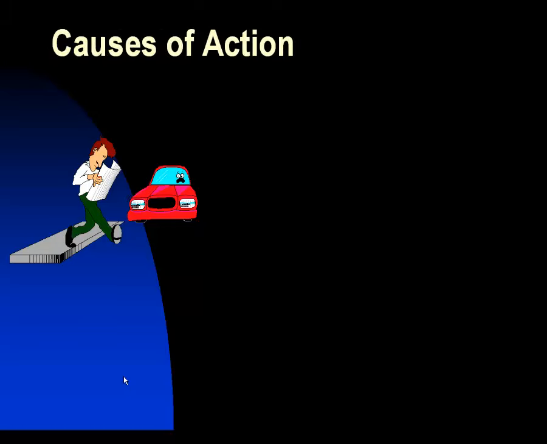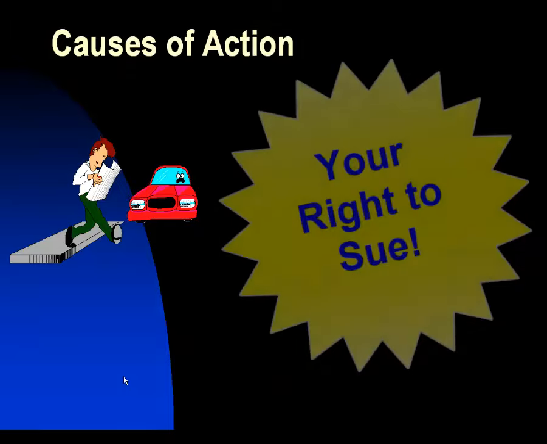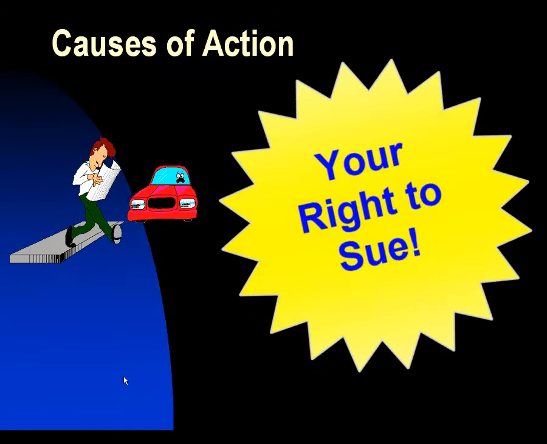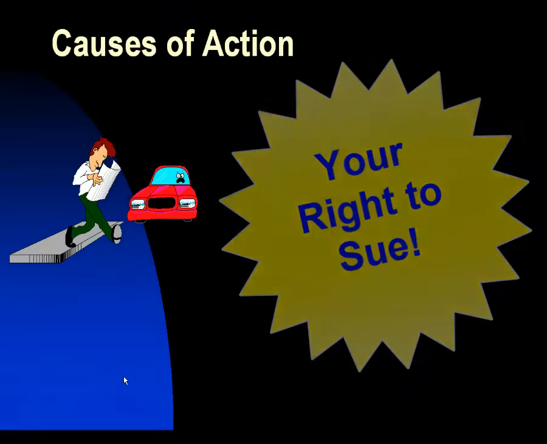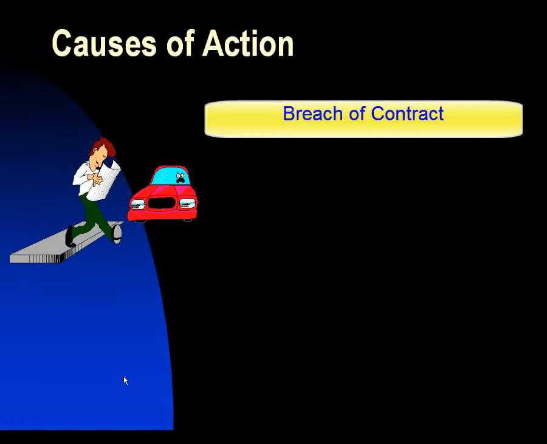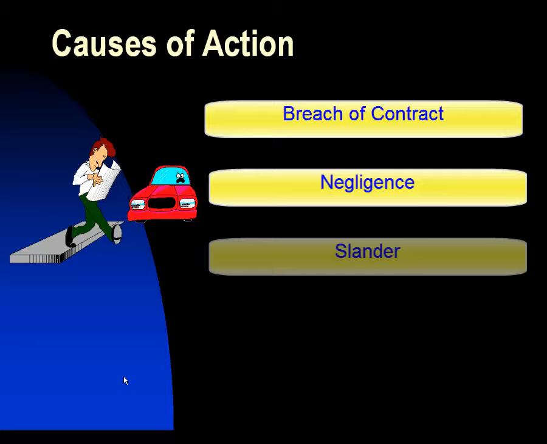Every cause of action is nothing more than the right to sue. Some courts allow that certain things are causes of action that they will hear, and some courts won't hear certain causes of action. Common causes of action are breach of contract, negligence, slander.